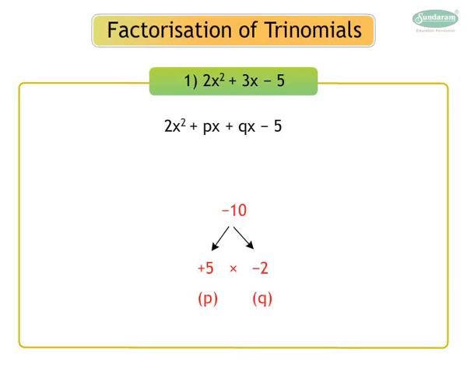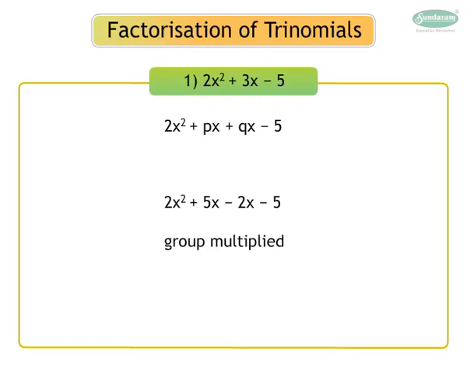Hence, in this case, -10 can be written as +5 multiplied by -2, and the sum of +5 and -2 is +3. Hence, we have expressed our trinomial as 4 terms, which is 2x² + 5x - 2x - 5. Let us group the terms in pairs to get a common factor.